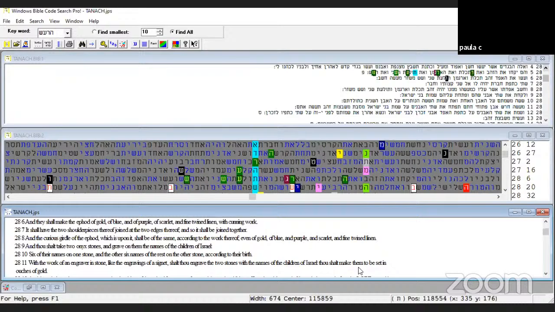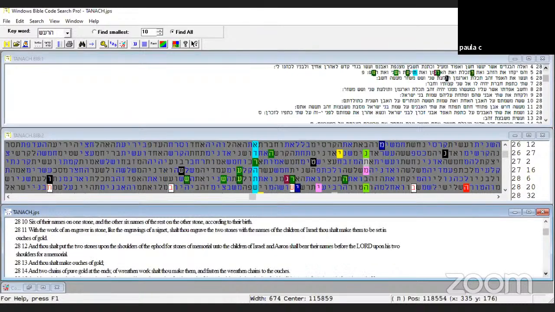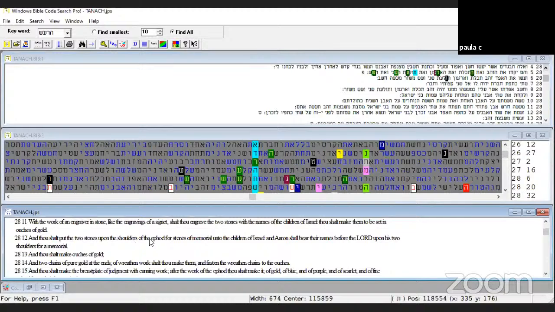Thou shalt make them to be set in ouches of gold. And thou shalt put the 2 stones upon the shoulders of the ephod for stones of memorial unto the children of Israel. And Aaron shall bear their names before Yahuwah upon his 2 shoulders for a memorial.